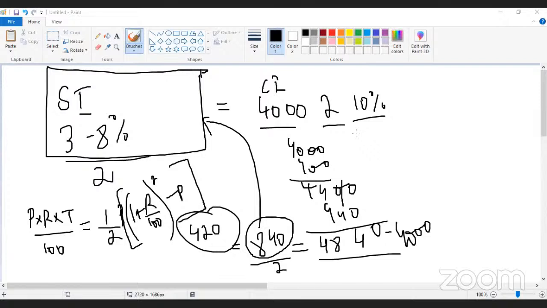If this is 420 for 3 years, and multiplying it into 8, that's for 8% per annum. So how do you make it with P?